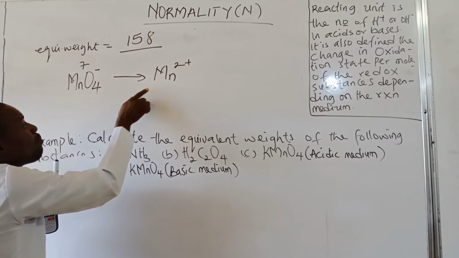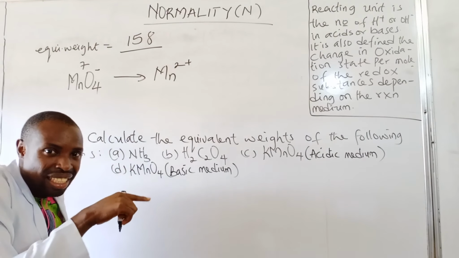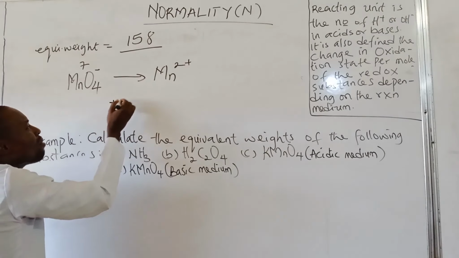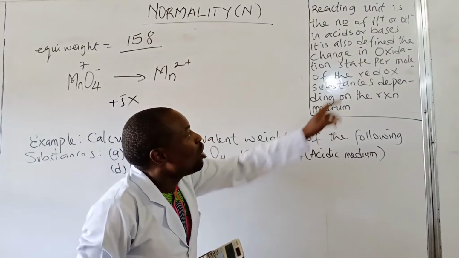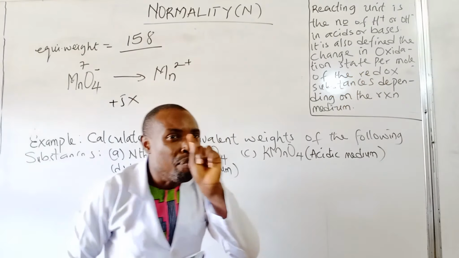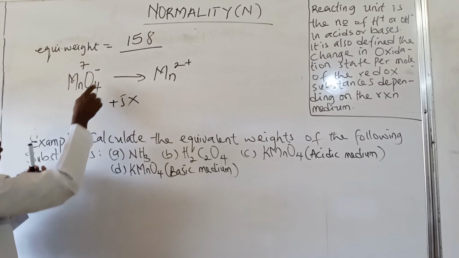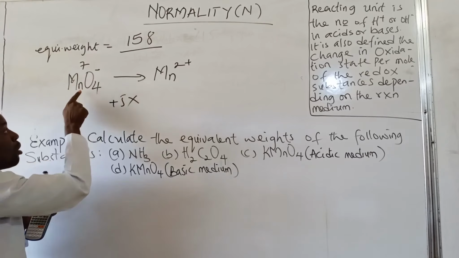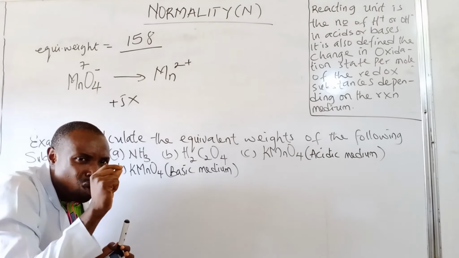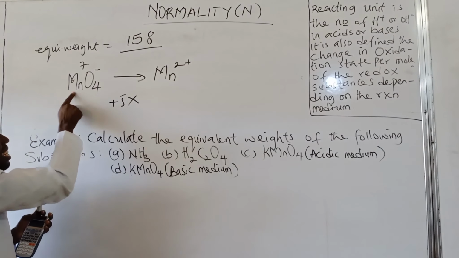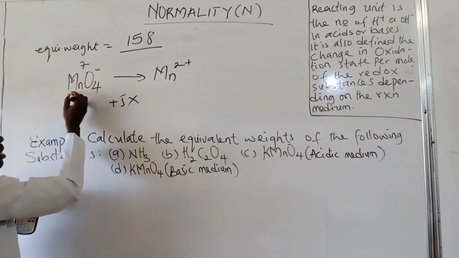So if I have +5 now, that will not be the answer yet, because remember we have said that reacting unit is the change in oxidation state per mole. So per mole here, the number of moles of manganese, because I'm looking for this one here now, which is potassium permanganate, is 1. As you can see here, it is 1.